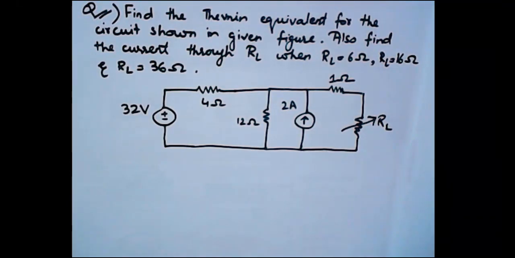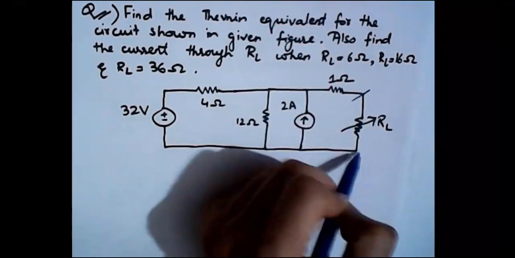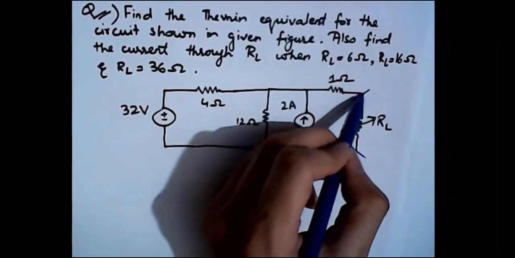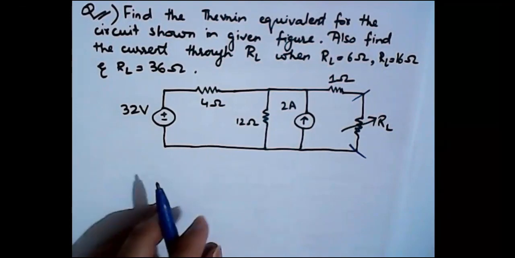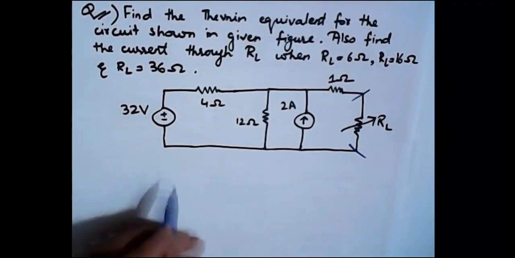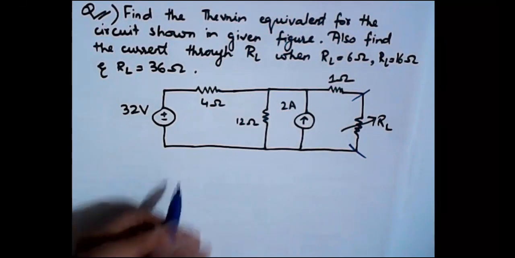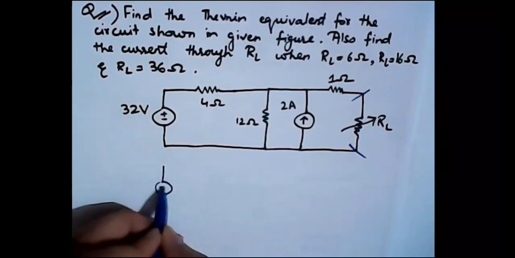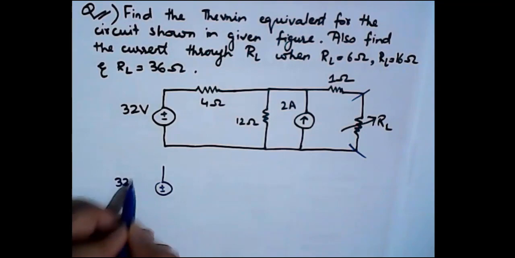So coming towards the first step of the question, the very first step that we have to do is to open the load resistance. These are the load resistance terminals. So the first thing that we need to do is to open the load resistance terminals, right? So when you open the load resistance terminals, then your circuit will become like this.